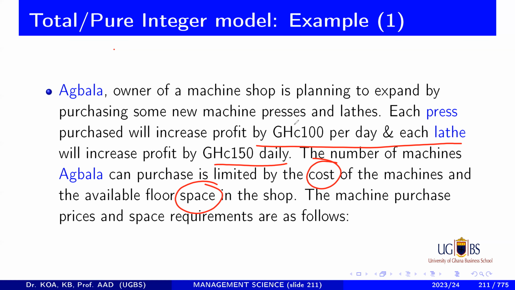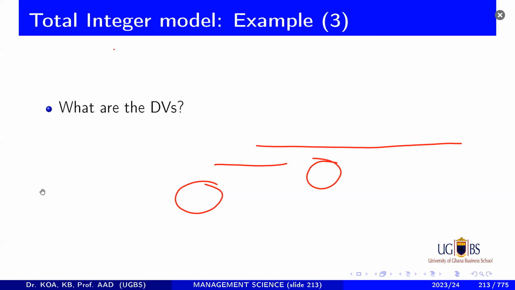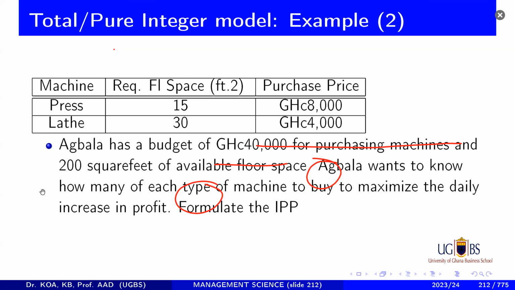The machine prices and the space requirements are all shown down here. Remember that the profit of getting a press was $100, and that of the lathe was $150.